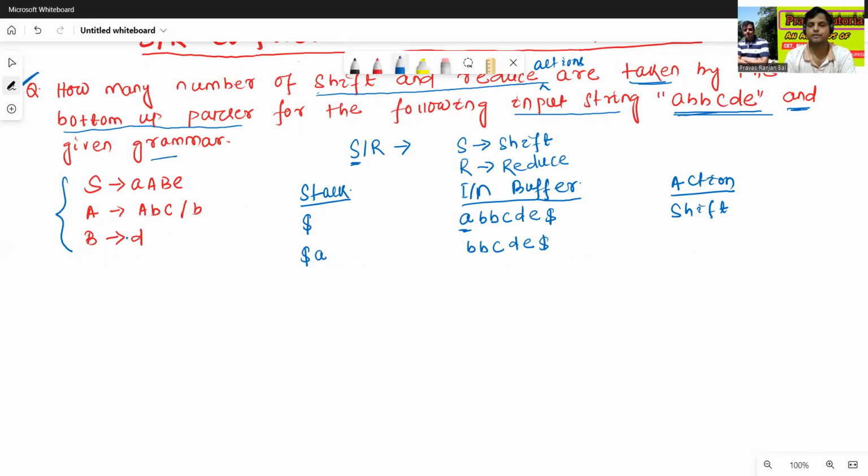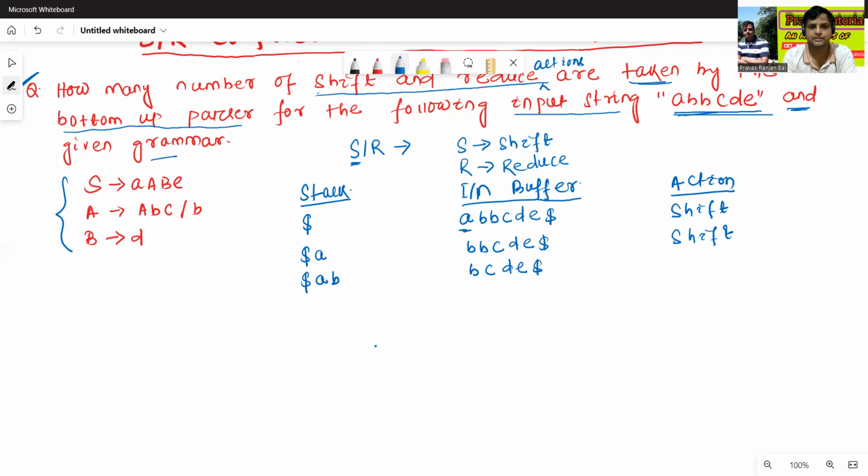There is no handle possible, so we'll shift again. The stack is dollar A, B, and the input is B, C, D, E, dollar.